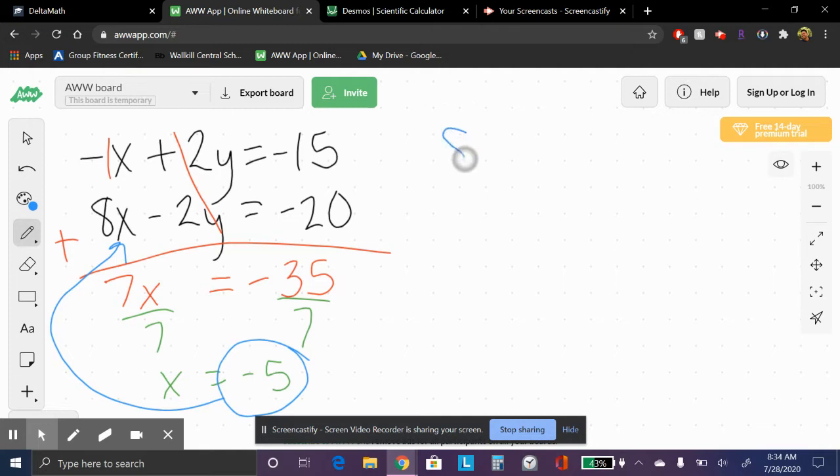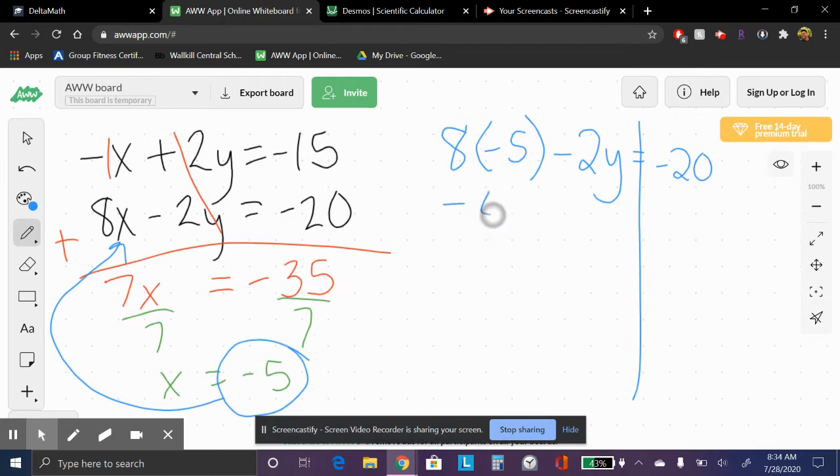So we have 8 times -5 minus 2 times y equals -20. 8 times -5 is -40.